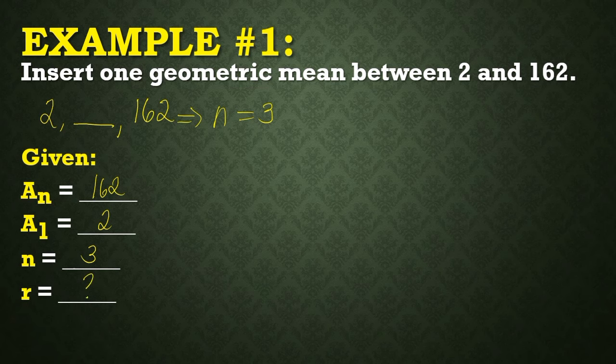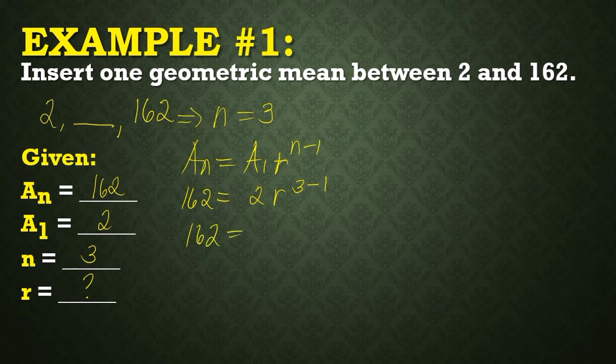So if we apply the formula, a sub n, which is 162, equals a sub 1, which is 2, times r raised to n minus 1, that is 3 minus 1. So 162 is equal to 2r raised to 3 minus 1, that is 2.